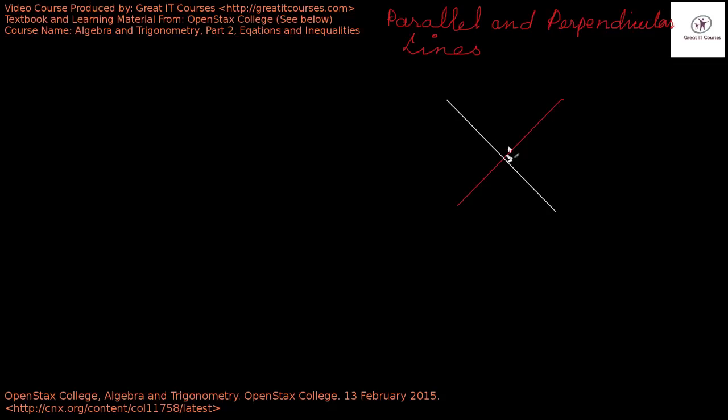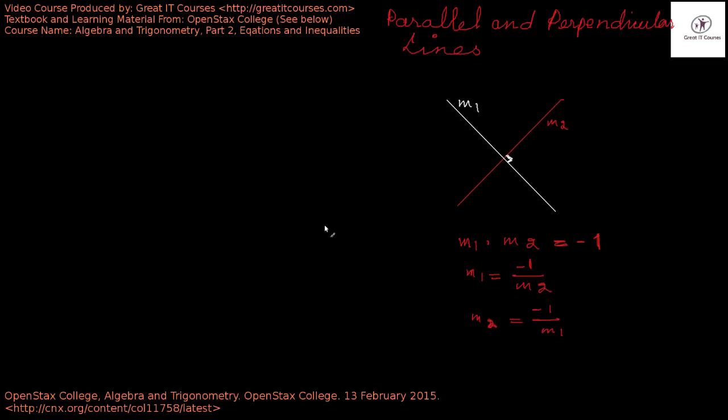Then this line has slope m1 and this line has slope m2. So in this case if you multiply m1 by m2, you're going to get minus 1, and so that basically means that m1 is equal to minus 1 divided by m2, and also m2 is equal to minus 1 divided by m1.